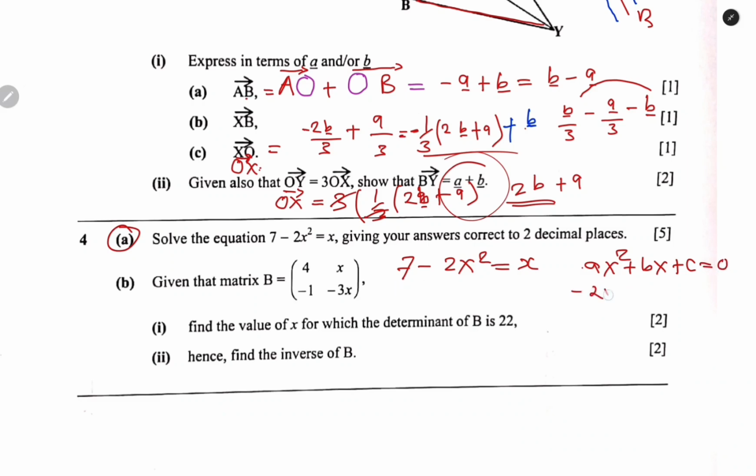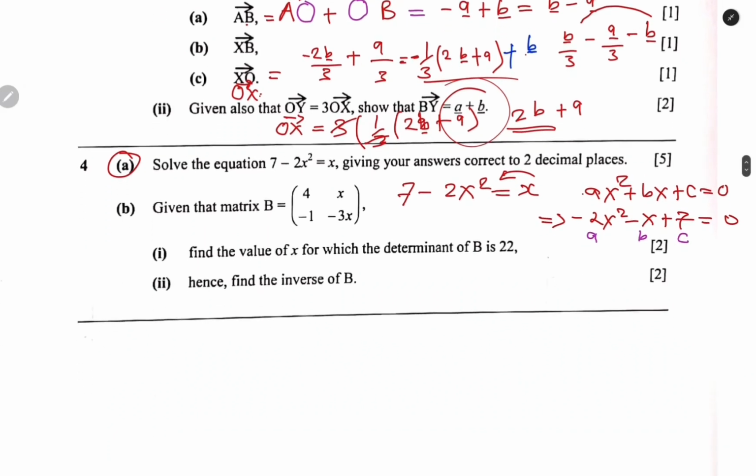It's going to be negative 2x square minus x plus 7 equal to 0. This is the one that we are going to use, because in the formula we need a, we need b, we need c. So now let us answer it.